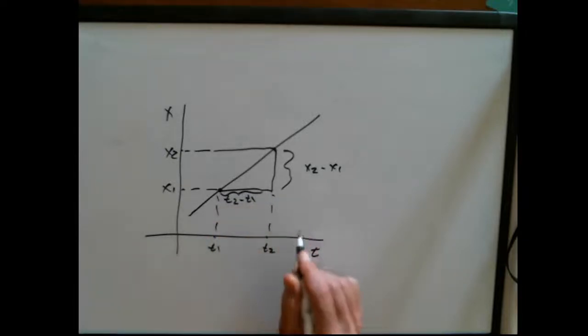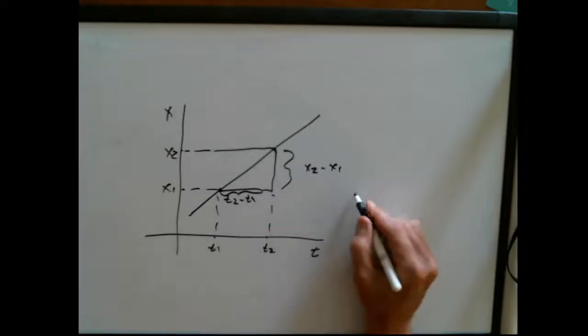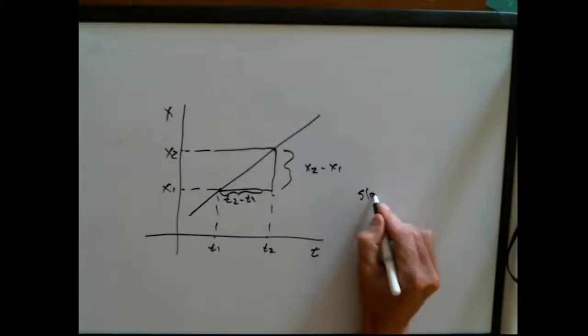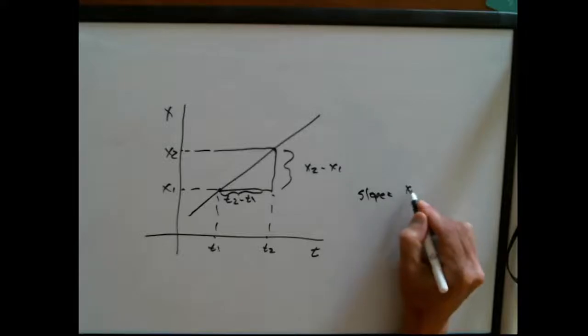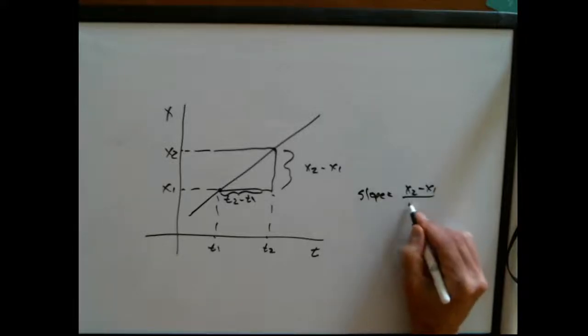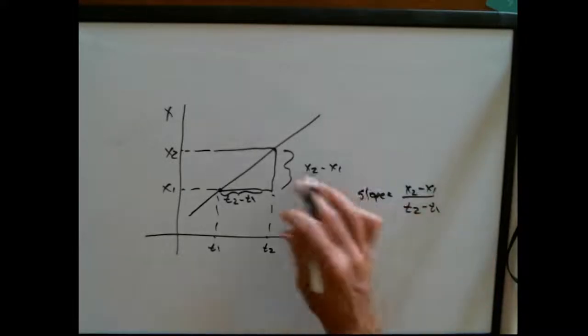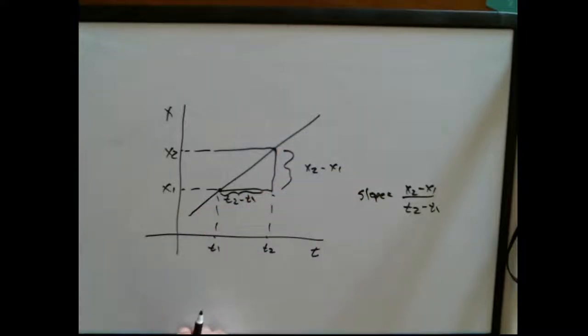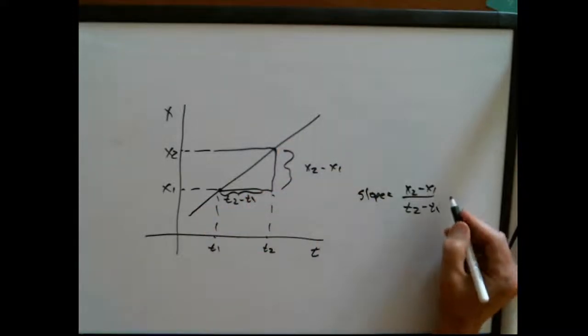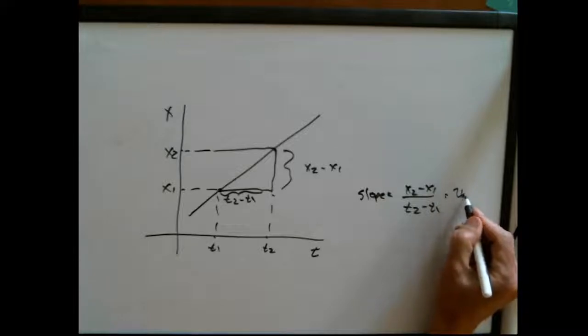The slope is the rise over the run, so the slope is X2 minus X1 over T2 minus T1. That's how you take the slope in a graph. But that's just the thing we call the average velocity.